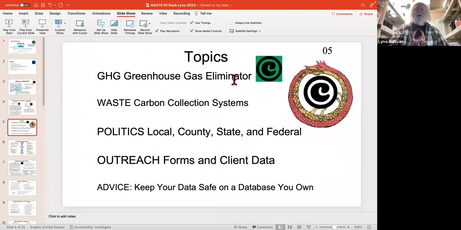So I have a topic on the greenhouse gas eliminator. It's a GHG, greenhouse gas eliminator, call to action. We're looking at waste carbon collection systems. The symbol on the right is the worm Ouroboros, which eats its own tail for nourishment. I borrowed that symbol and put the Carbonic brand inside of it.